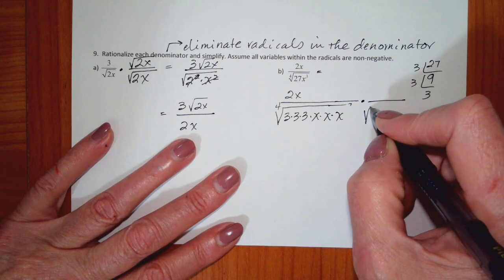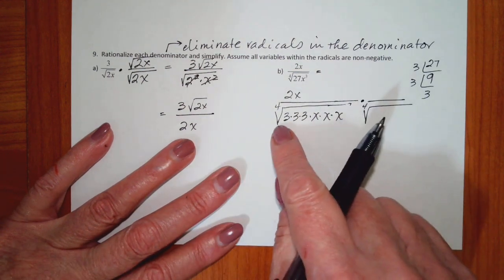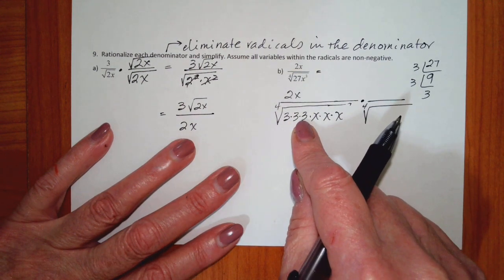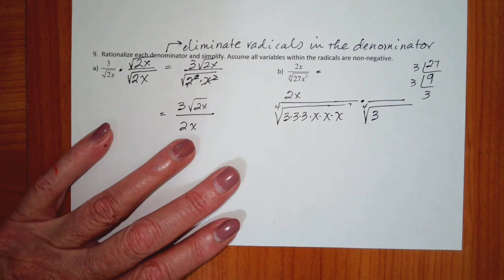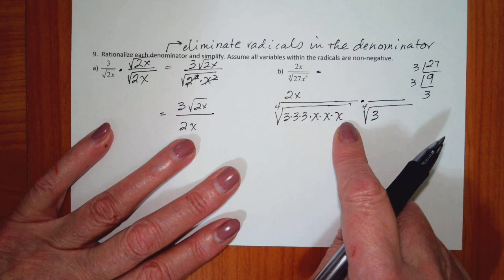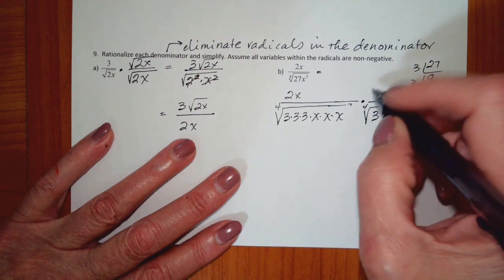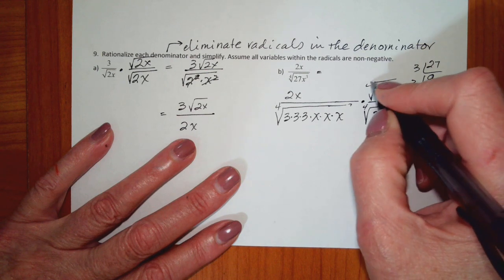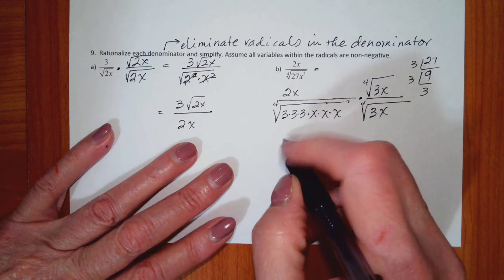Okay. So the index has to be the same. I have 3 3's, but since it's the fourth root, I need another one. I have 3 x's. In order to do the fourth root, I need another one. So I'm going to have to multiply the numerator also by the fourth root of 3x.